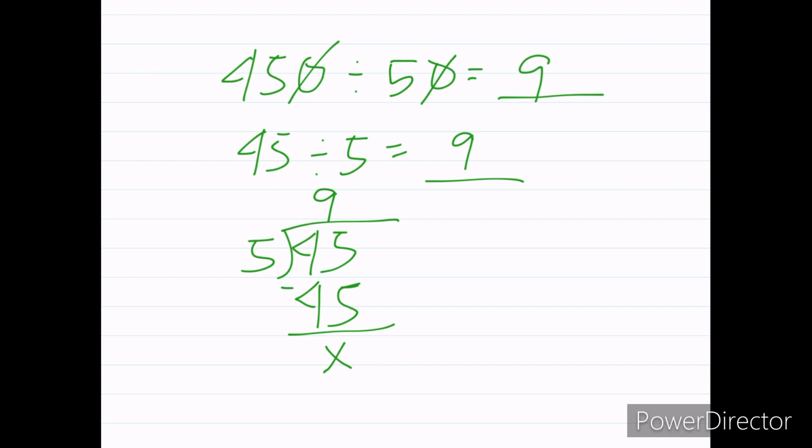Next, let's try another example. 4,500 divided by 500 is equal to blank. Again, let's count the number of zeros. We have 2 zeros here and 2 zeros here.